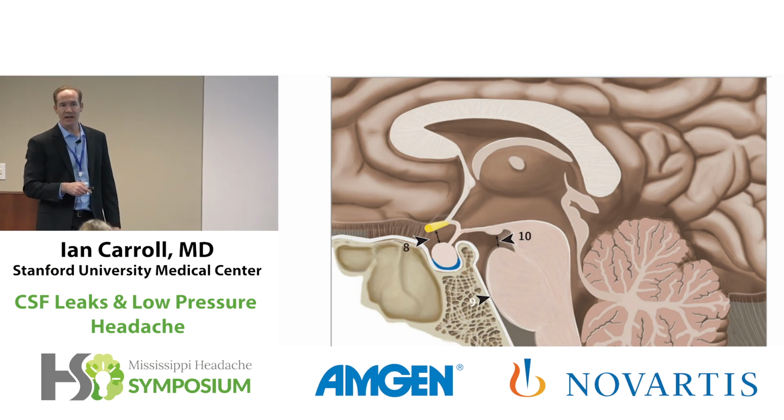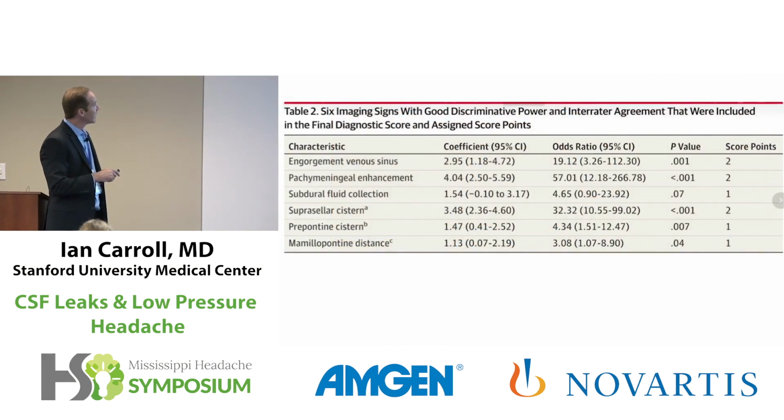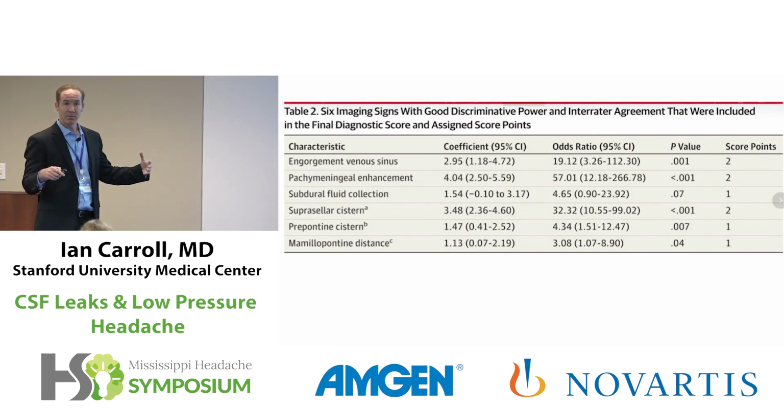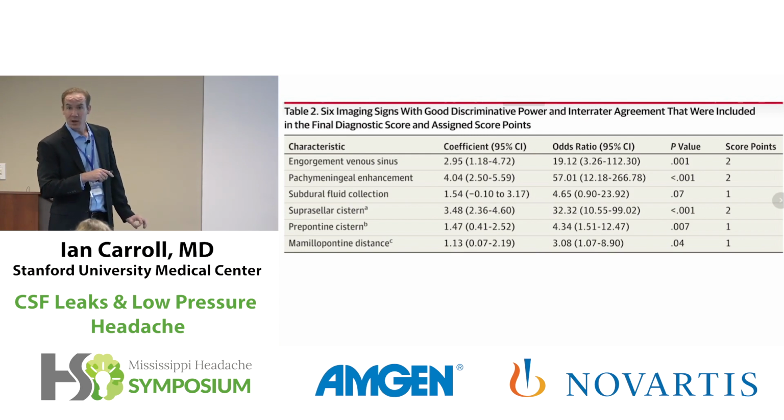And so neuroradiologists across the country are not doing this yet. This came out this year, but basically he then made a multivariate logistic regression model of what findings on MRI are going to in fact predict you are going to have an increased likelihood of finding a leak if you go forward with a CT myelogram. And the nice thing is you find that in fact the things you expect are predictive.